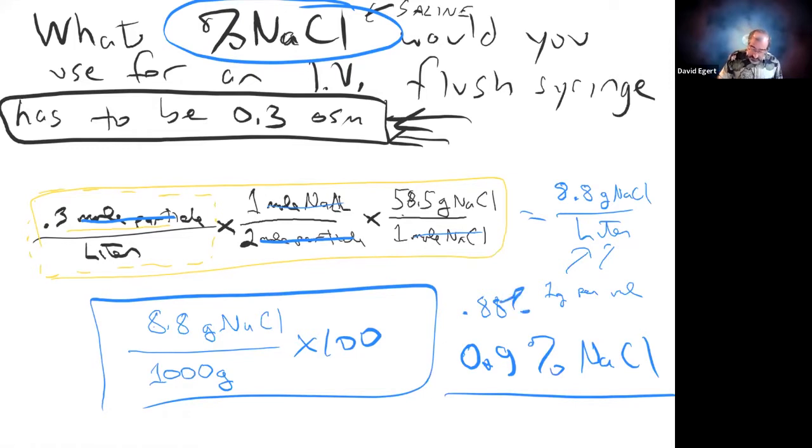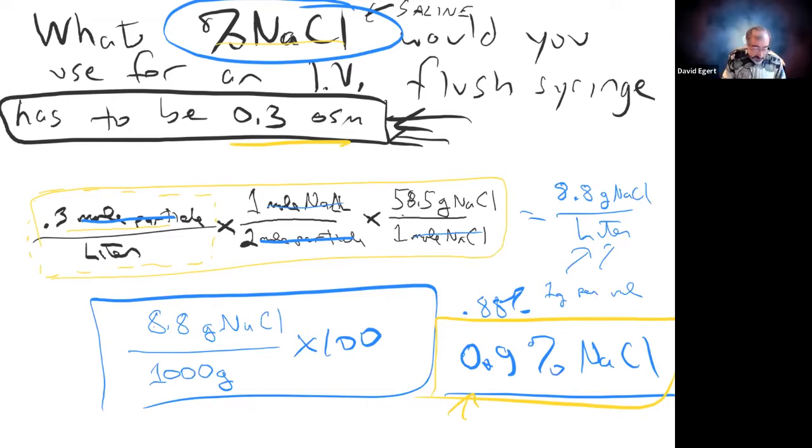So does this make sense how I got to this number here? In order for my saline to play nice with the cells and not make them explode or shrivel, it has to be 0.3 osmolar.